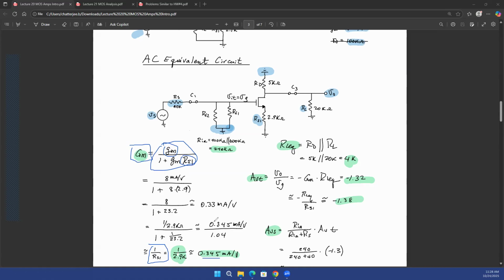So when you're solving a problem, be careful about whether your approximation makes sense or not. Approximation is always allowed in electronic circuits, but you have to make sure you know whether it makes sense. If gm is, let's say, 10 times larger than 1 over RS, it will make sense. If gm is 2 times larger than 1 over RS, approximating it to 1 over RS does not make sense.